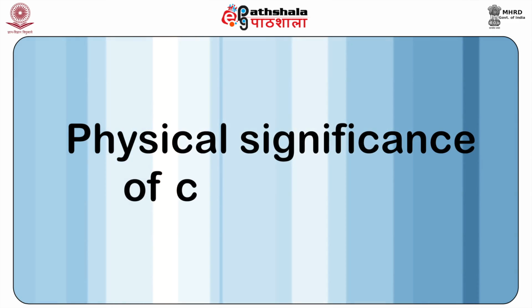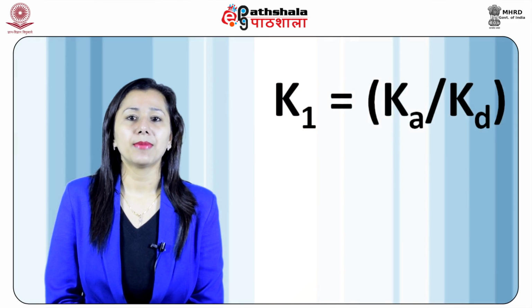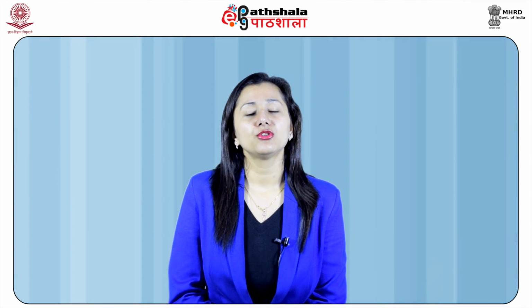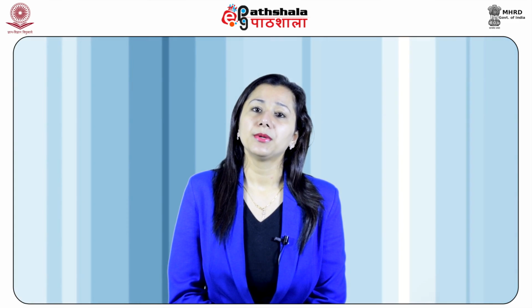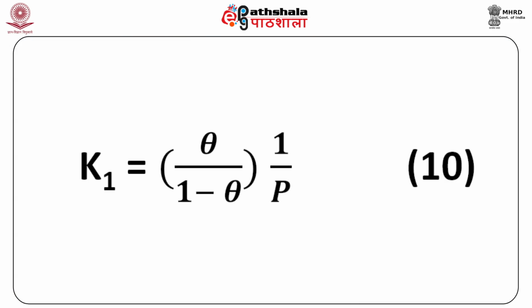Now we shall see what is the physical significance of the constant K1. The constant K1 equals Ka by Kd in the equation is called the distribution constant or equilibrium constant for distribution of adsorbate molecules between the adsorbent surface and the gas phase as discussed above. From the equation we get K1 equals theta upon 1 minus theta into 1 by P as our equation 10.